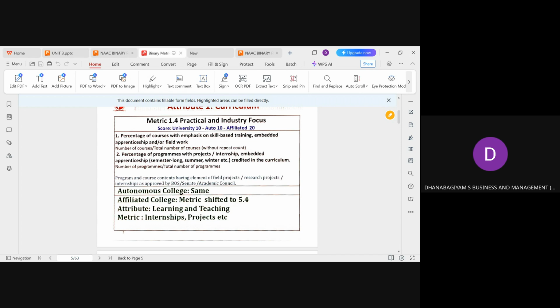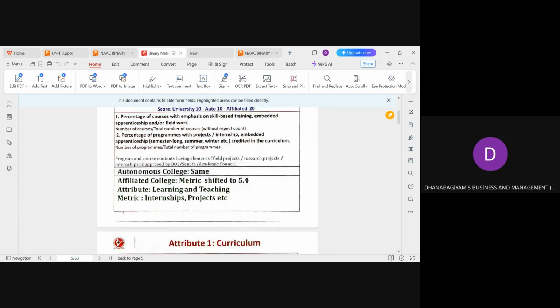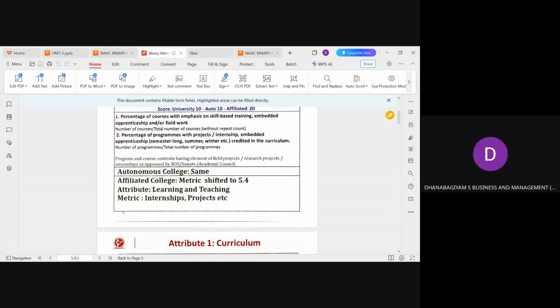How far, after completing this particular course, are students capable enough to get good placement in the industry, and how far, after their placement, is the knowledge they have got through our curriculum applicable, and how far are they imparting it to the industry? So likewise, we have to design the syllabus, and that is 1.4.